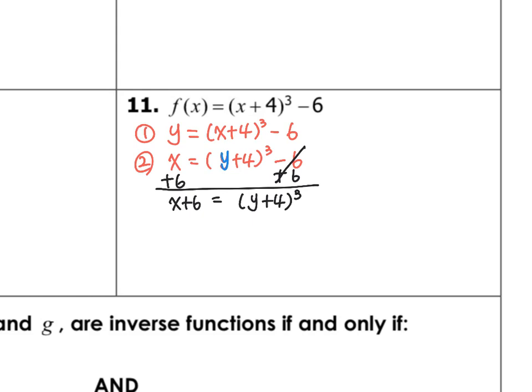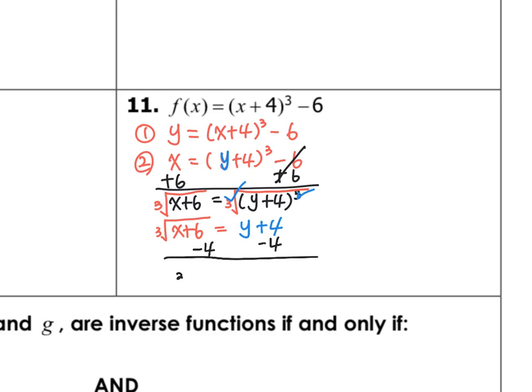And now we need to get rid of the cube. How can we do it? We're going to put the cube root, and what we do on one side, we do the same thing on the other side. So the cube root of (x plus 6) equals, now the cube root and cube cancel out, I have y plus 4. And I'm going to get rid of the 4 by subtracting 4 on both sides.